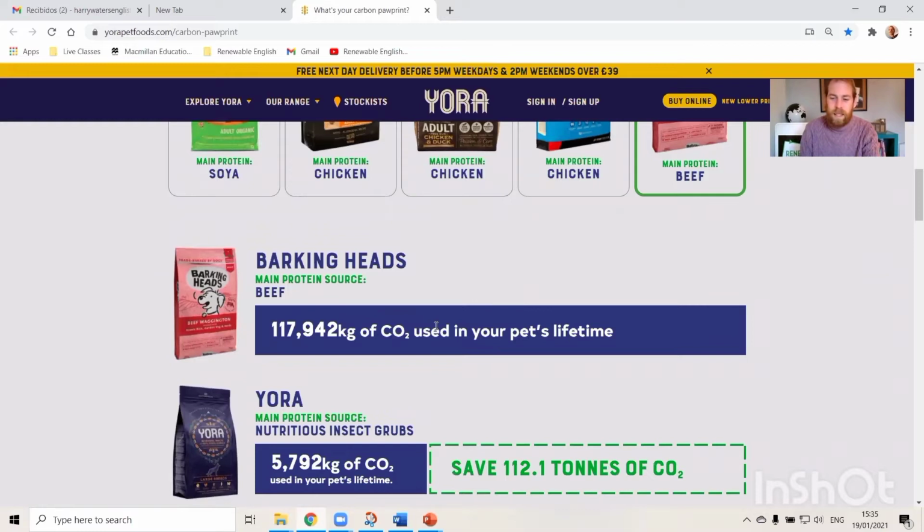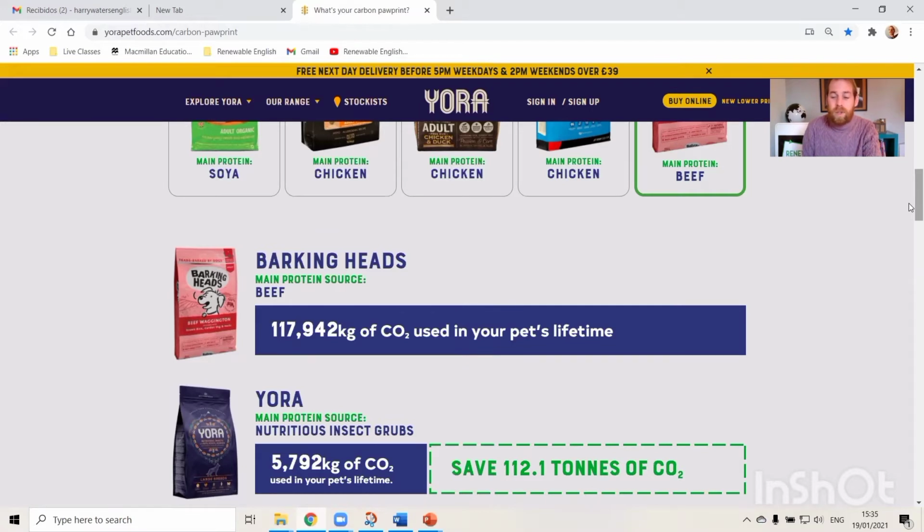So we can see in Estrella's lifetime, it would be 117,942 kilos of carbon dioxide. If using Euro with insect grubs, there would be a saving of 112.1 tons of CO2.